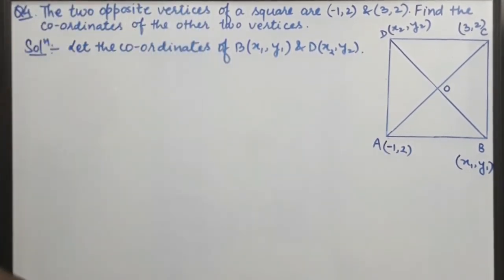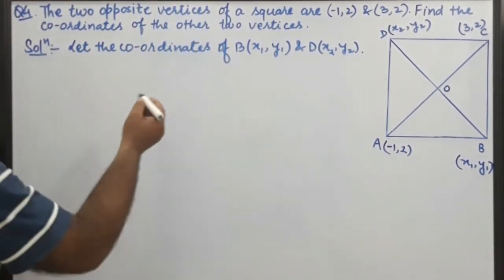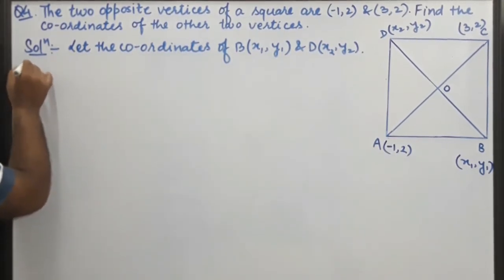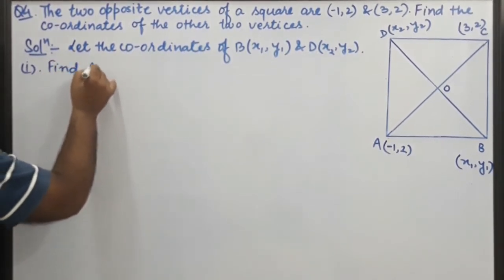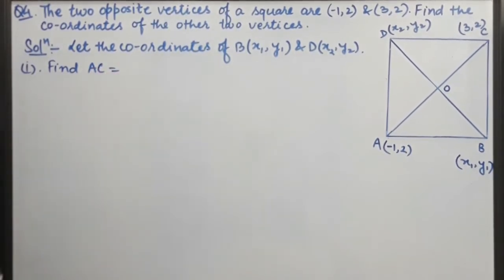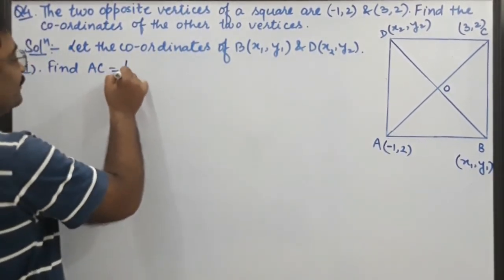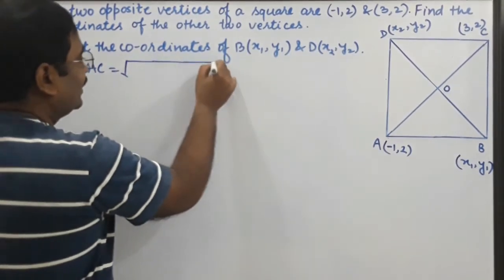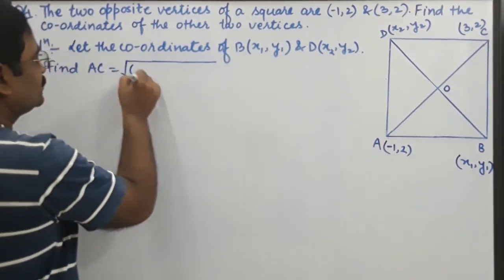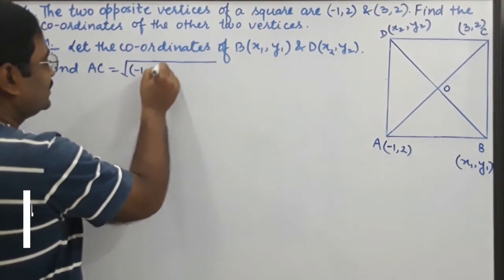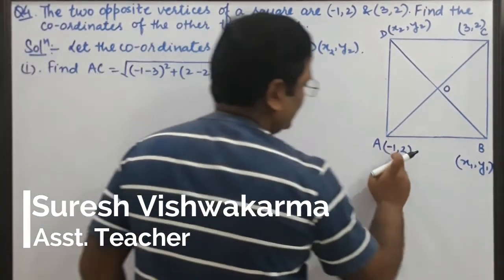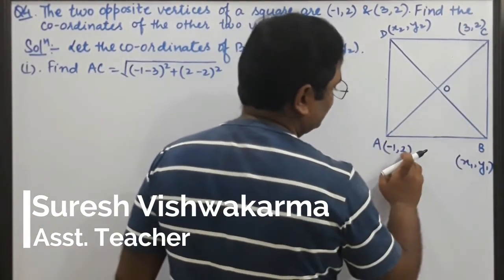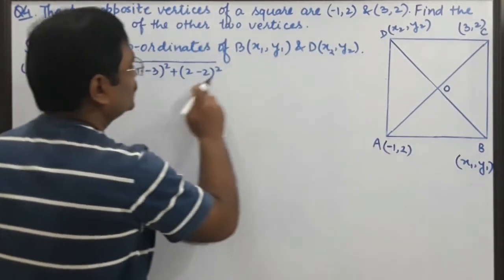Okay, so first of all let us find the measure of the diagonal AC whose coordinates are known. You know that AC equals under root of (x1 minus x2) whole square plus (y1 minus y2) whole square, that is (minus 1 minus 3) whole square plus (2 minus 2) whole square.